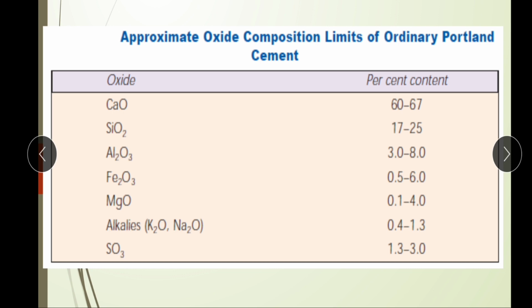These are the general things which are formed while manufacturing the cement, but for every cement this composition may not be the same. But before that, there are some major products formed while preparing cement.